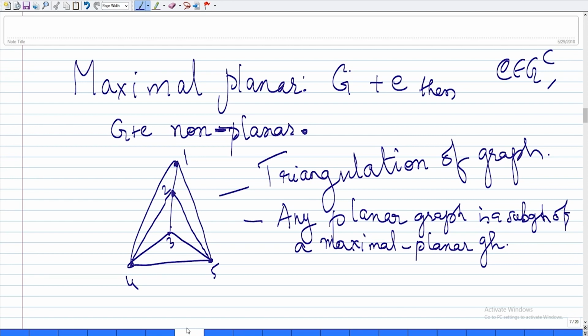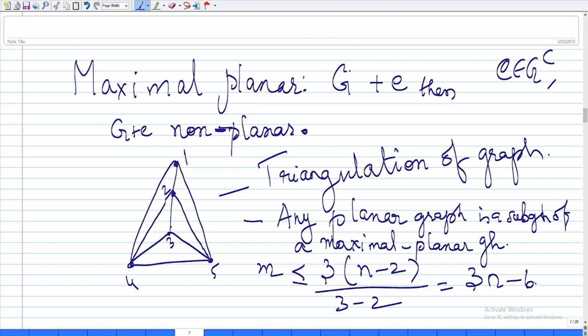So every face has degree 3, and so from the previous formula, m has to be less than or equal to 3 into n minus 2 by 3 minus 2, which is 3n minus 6. So this is a maximal planar graph. You take any other planar graph, it is going to be sitting inside some maximal planar graph, right. So a maximal planar graph can have at most 3n minus 6 edges given any n, right.